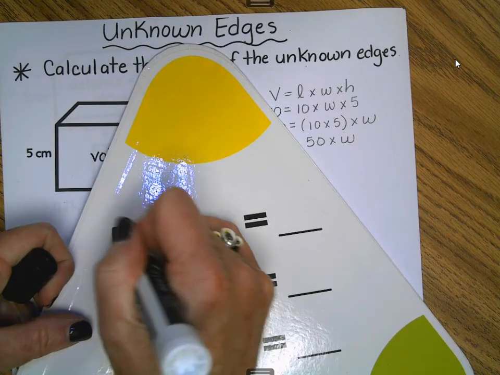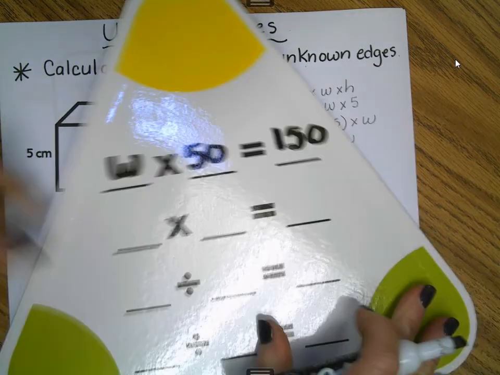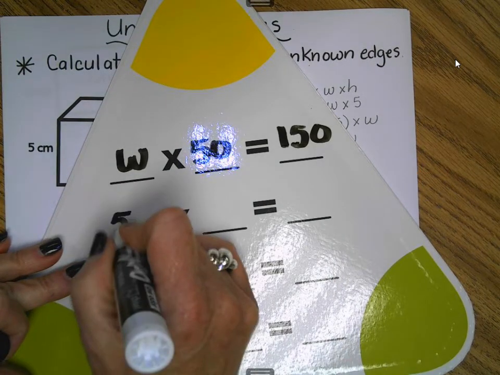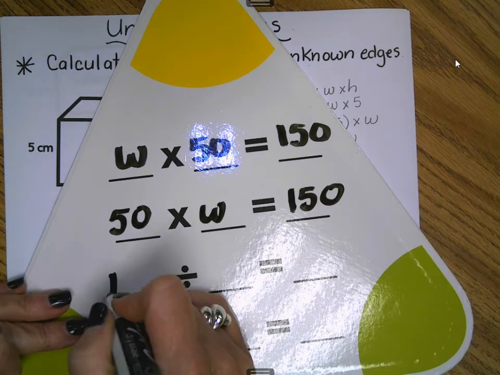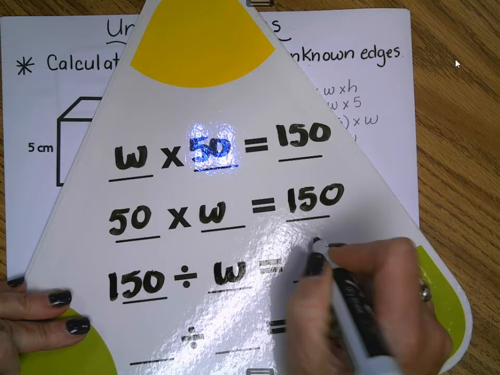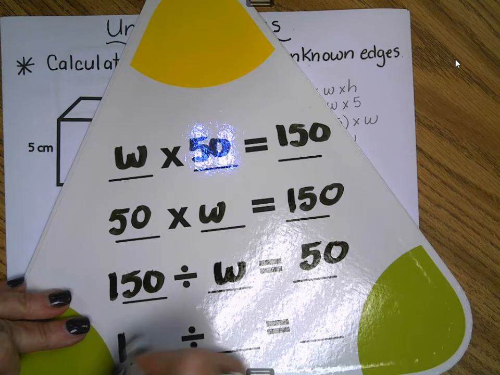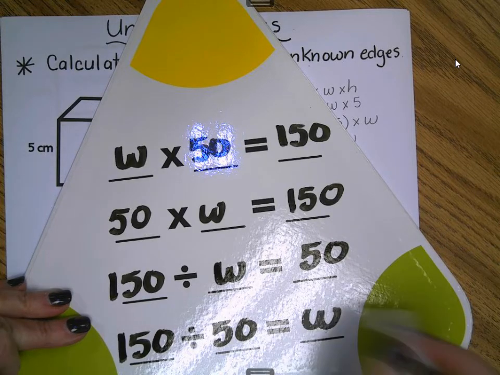I'm going to have the width times 50 equals 150, right? Or I'm going to have 50 times the width equals 150. Or I'm going to have 150 divided by the width will equal 50. Or I would have 150 divided by 50 equals the width.